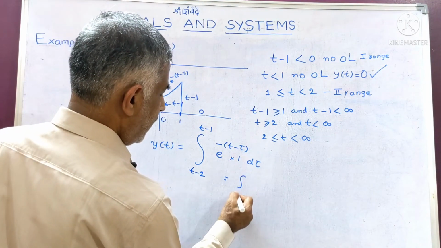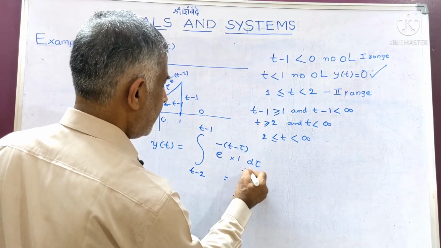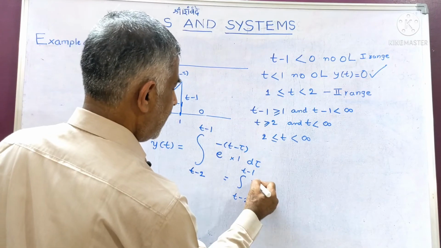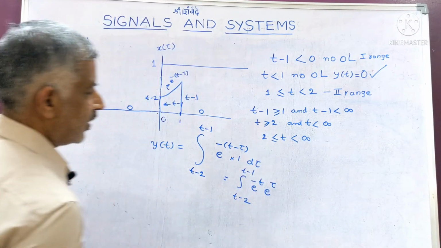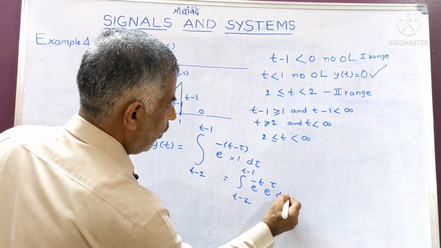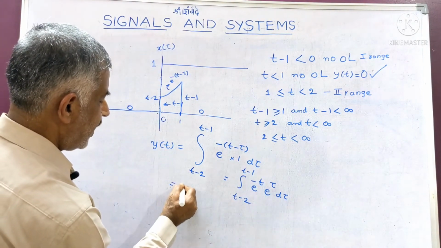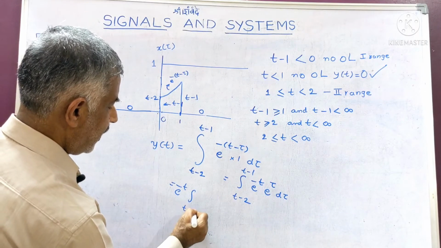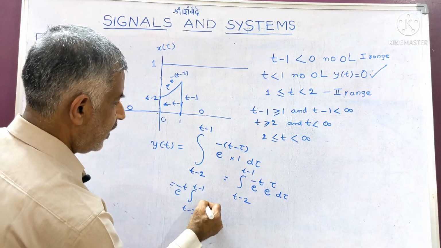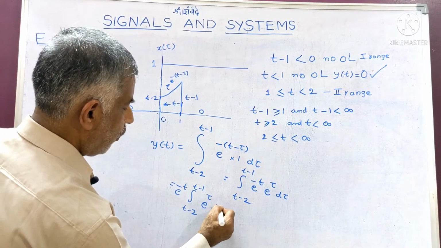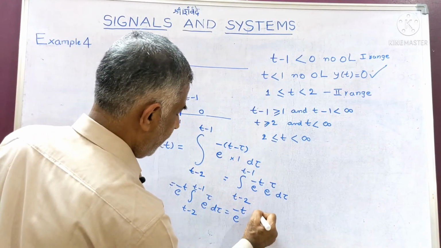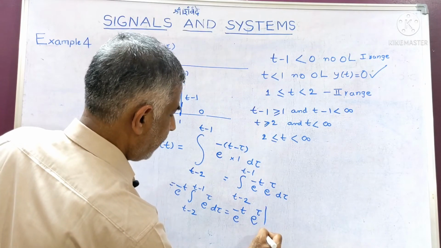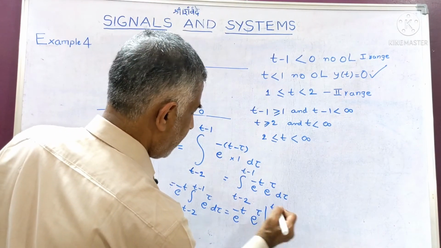That is, from t minus 2 to t minus 1, expand: e power minus t, then e power tau. Take e power minus t outside, e power minus t, integral t minus 2 to t minus 1 of e power tau d tau, equal to e power minus t times e power tau with limits t minus 2, t minus 1.